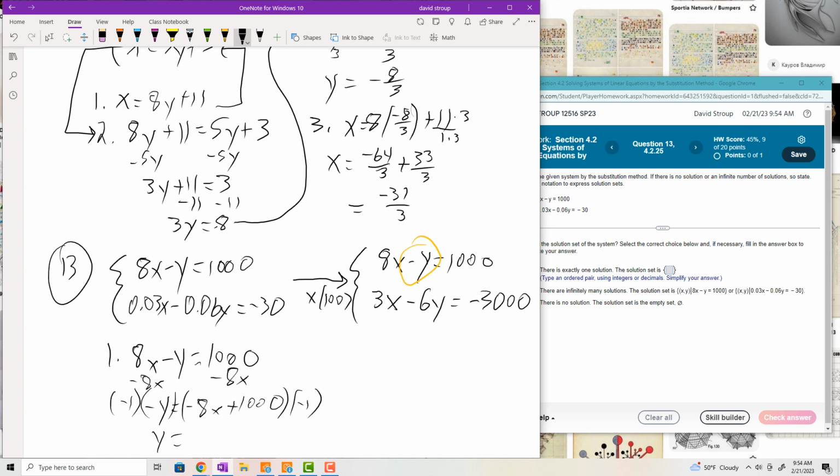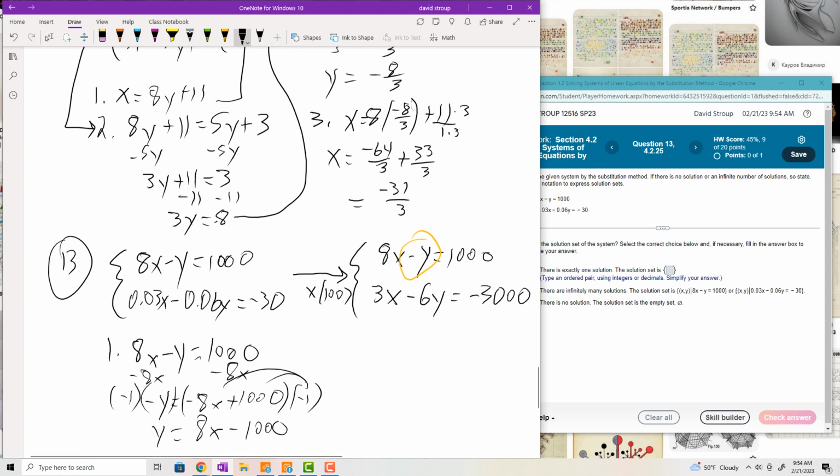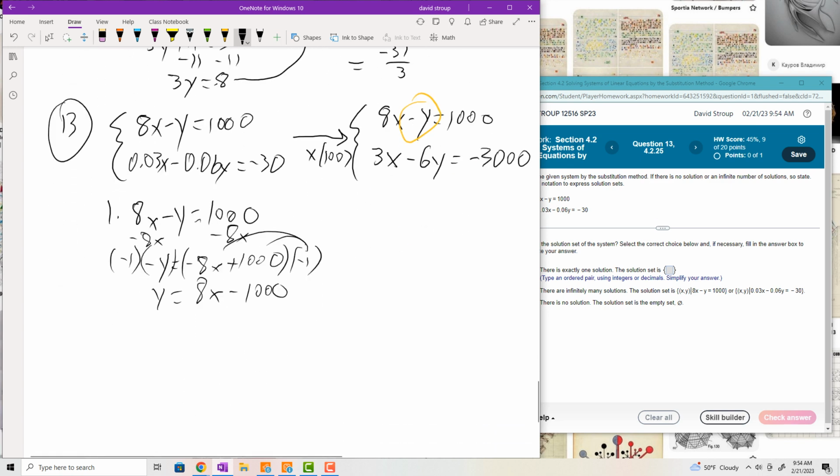So y is, distributing, 8x minus 1,000. So there's my substitution equation. Now I plug it into the unused equation, so I'll have 3x minus 6 times y, which is 8x minus 1,000, equals negative 3,000.